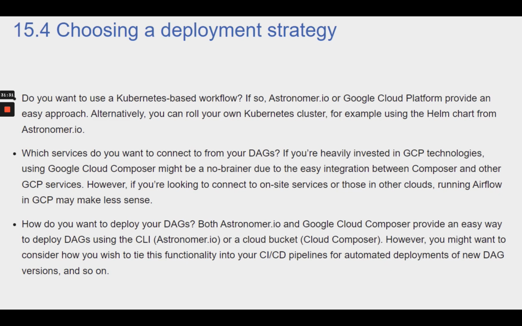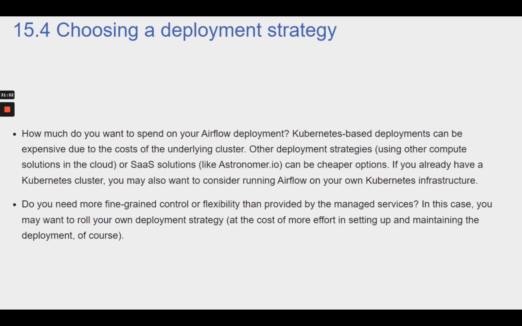How do you want to deploy your DAGs? Both Astronomer.io and Google Cloud Composer provide an easy way to deploy DAGs using the CLI, Astronomer.io, or a cloud bucket, Cloud Composer. However, you might want to consider how you wish to tie this functionality into your CI/CD pipelines for automated deployments of new DAG versions and so on.